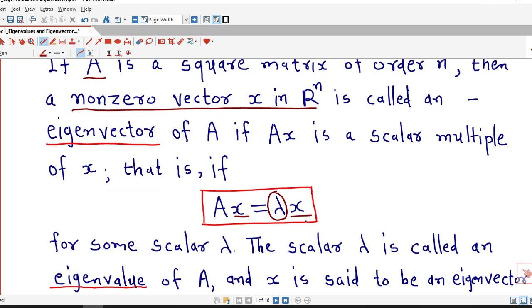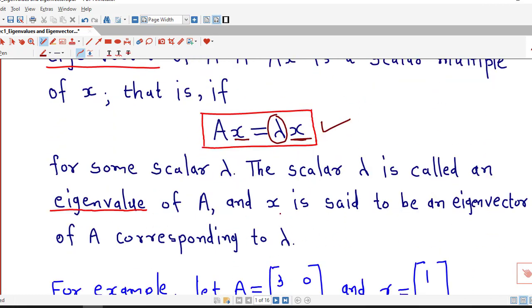So if we have to remember this equation: if A into x equals lambda into x, that is, if A into x is a scalar multiple of non-zero vector x, then this lambda is called an eigenvalue of A, and this non-zero vector x is known as the eigenvector corresponding to that eigenvalue lambda.